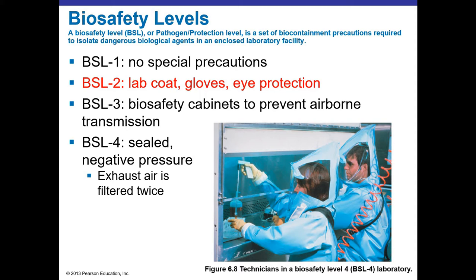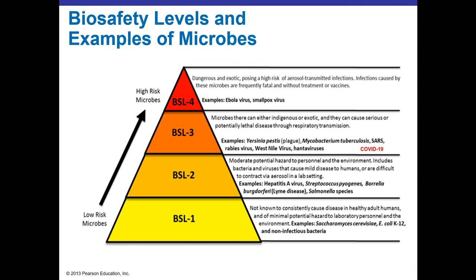The air in that room is exhausted, and when you are using the hood, that hood is actually keeping the air flowing away from people, and that air gets exhausted twice or filtered twice as it is pulled away from those individuals. So it's very important, and you see these individuals have covering from head to toe. These are going to be highly pathogenic organisms.